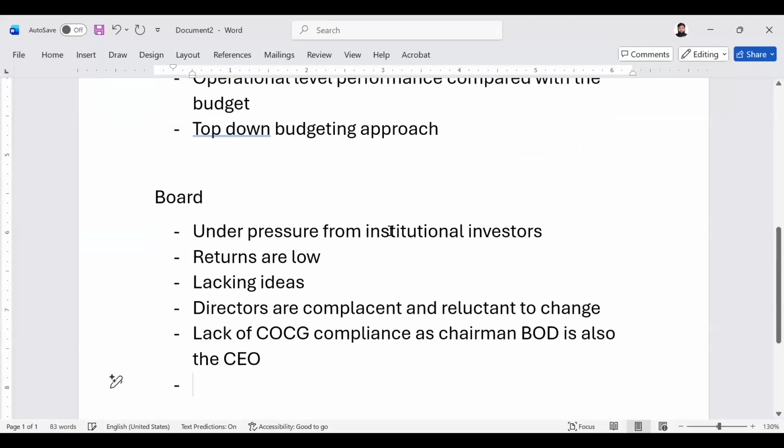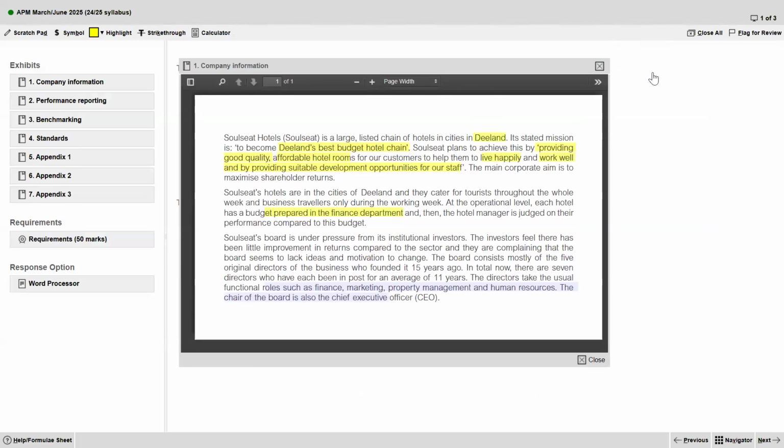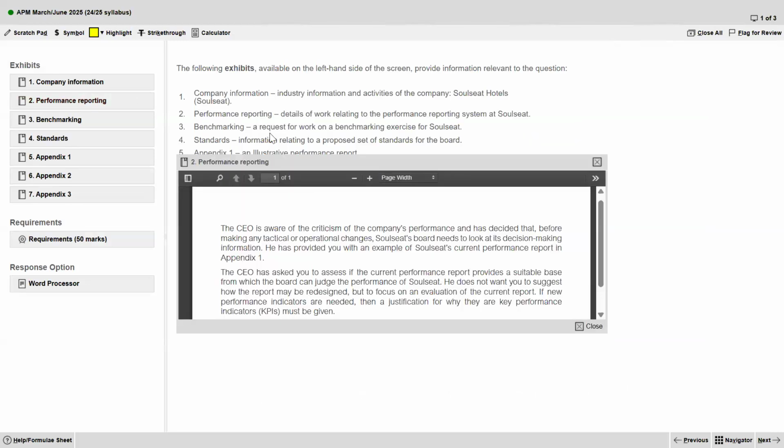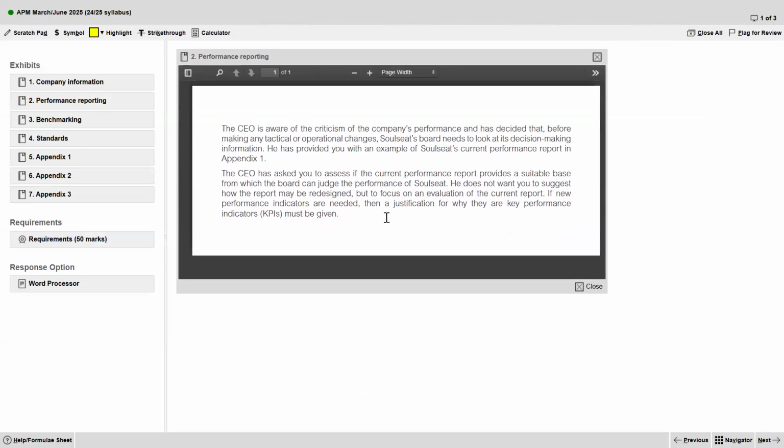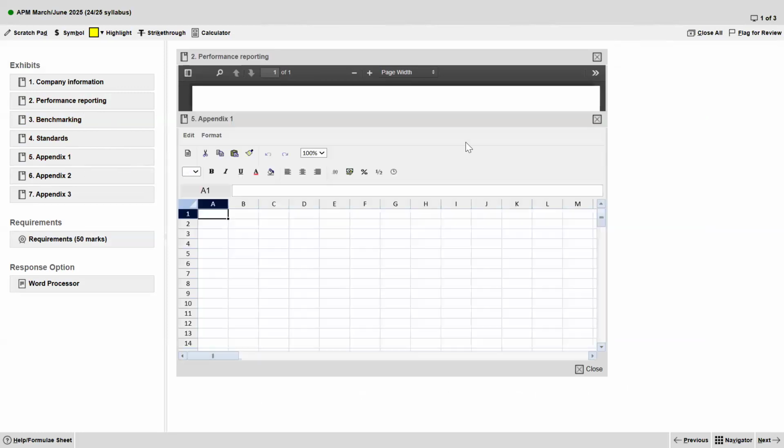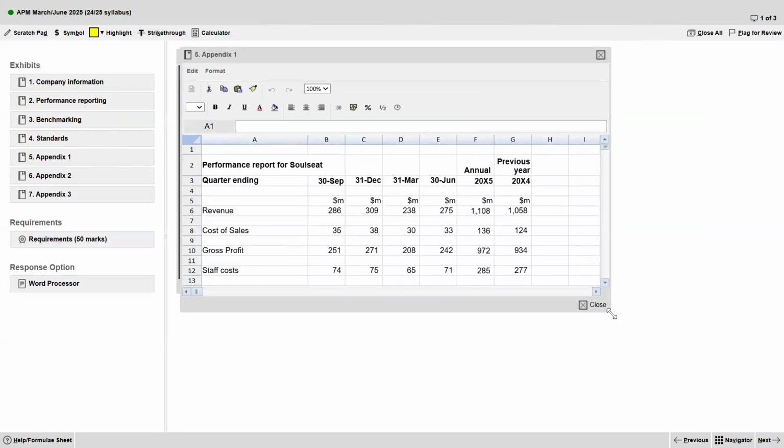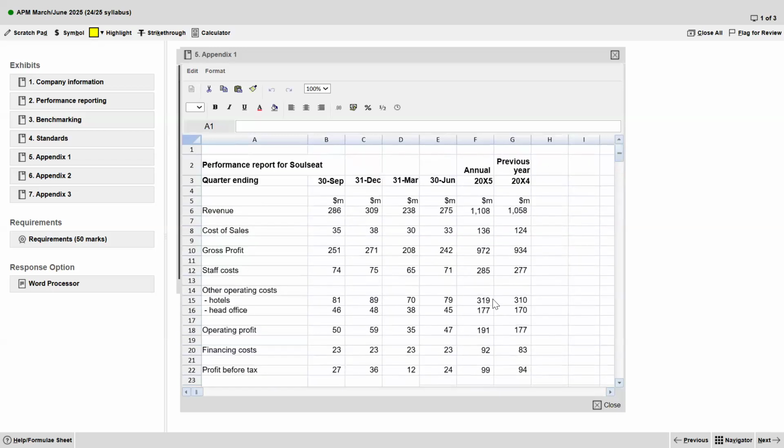Now, what else is there? Performance reporting is the next thing. So when we talk about the performance reporting alongside the appendix 1, that is what you have to go through.